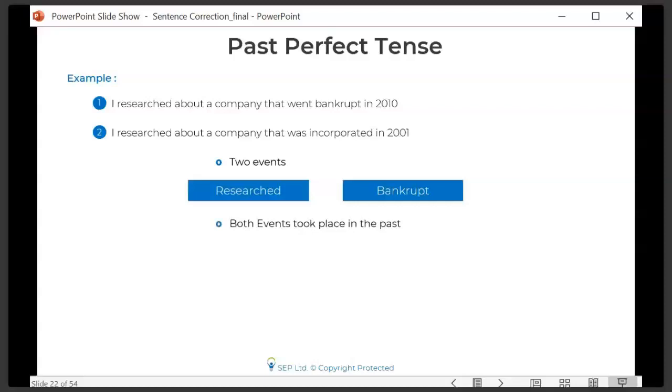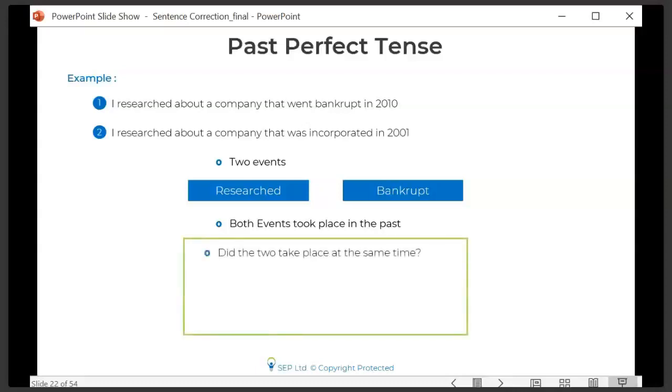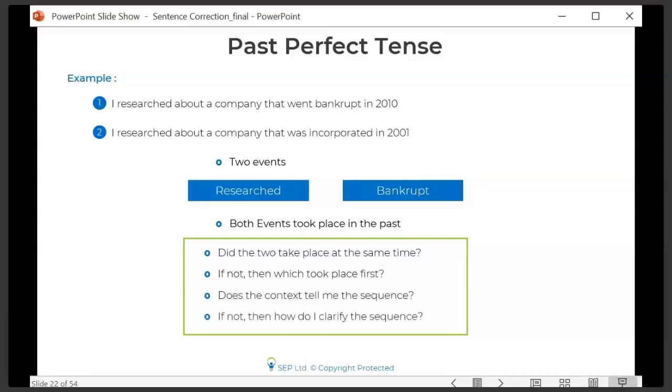Now, what you need to ask yourself when you're solving such a question is, did the two take place at the same time? If not, then which took place first? Does the context tell me the sequence? If it does not tell me which took place first, then how do I clarify the sequence? These are the questions you should ask yourself, okay?